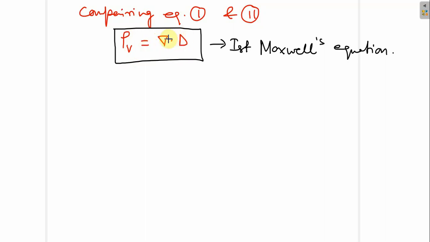So what is the statement of this first Maxwell equation? It is the mathematical proof we have done. Now how do we define it?